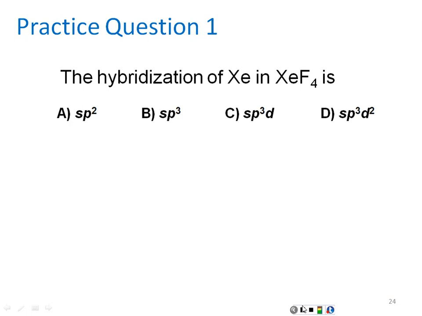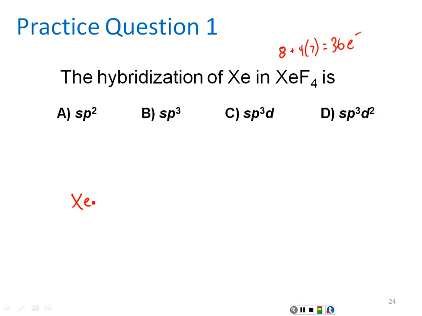First step, we need to come up with the Lewis structure. So let's count electrons. Xenon has 8 valence electrons. Fluorine has 7 each, and there are 4 fluorine atoms in the molecule. That gives us 28 plus 8, which would be 36 total electrons.